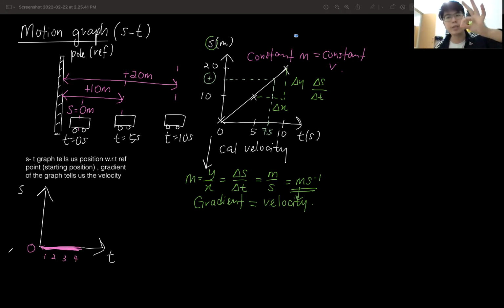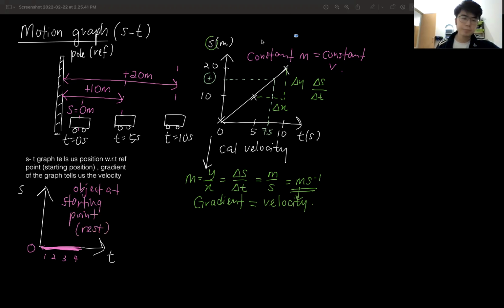That means it has not moved. It is still at the original position, the starting position. So the object is at the starting point, and it remained at rest, right? So this is what the graph tells you.